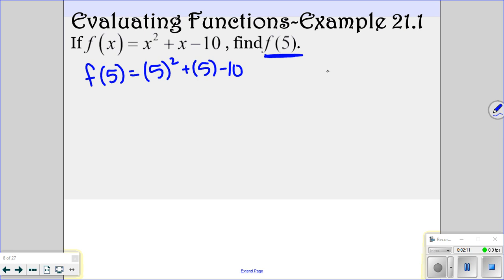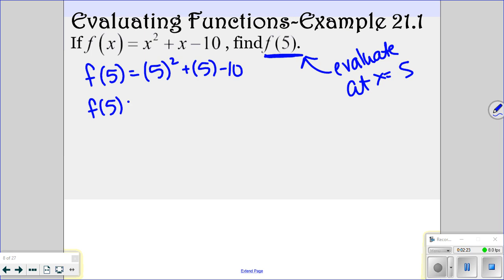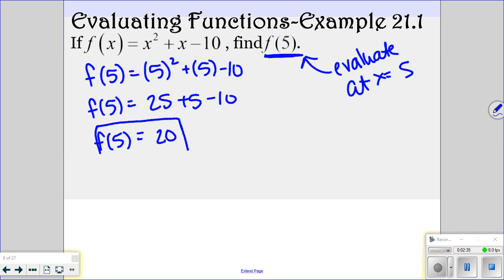All this is saying is evaluate at x equals 5. That's all that you're supposed to do. So f of 5 equals 25 plus 5 minus 10. So f of 5 equals 20. And that's your answer.